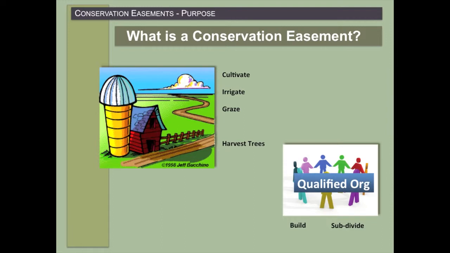So you own a piece of property that you can still, in this case, cultivate, irrigate, graze, and harvest trees from. Usually there will be property management principles put around it, so you can't just do it willy-nilly. You have to do it within certain ecological practices or sustainable approaches that you agree upon with that organization. Does that make sense?